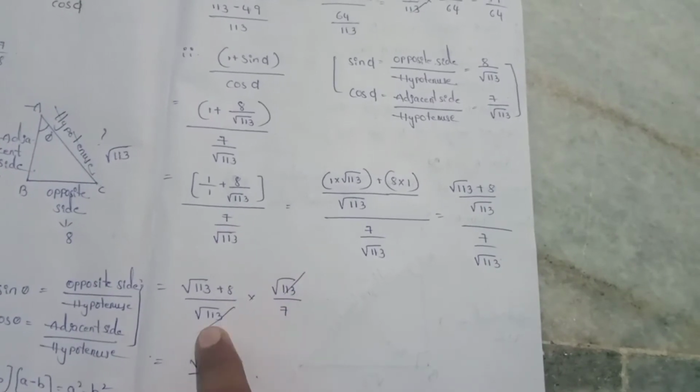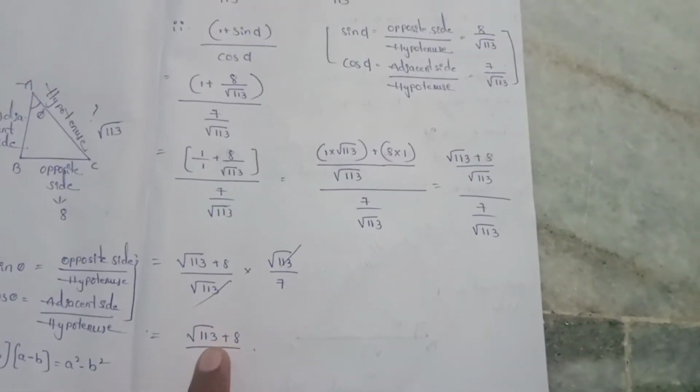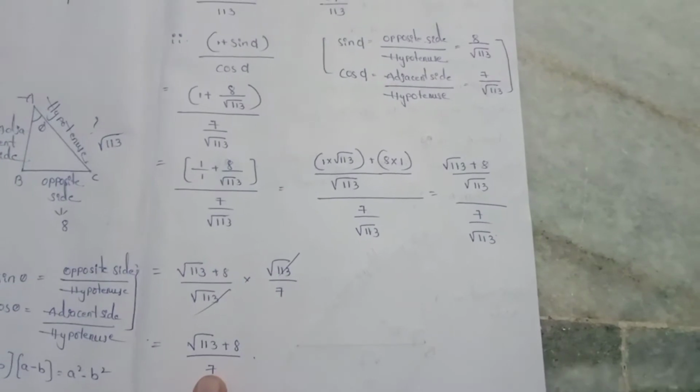Root 113 cancels here. Root 113 plus 8 by 7 is our final answer.